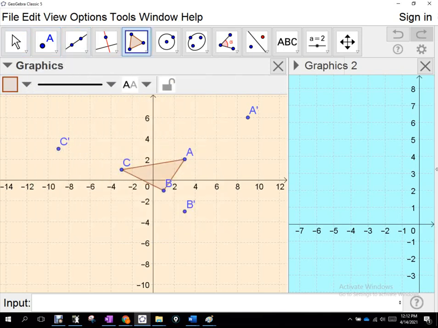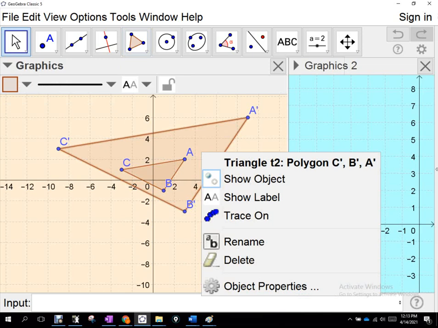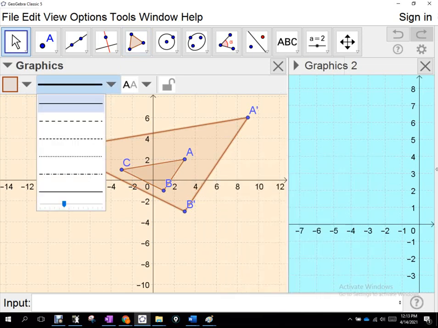So there's the triangle that we started the problem with, and there's the dilated triangle. Let's change the color of it.